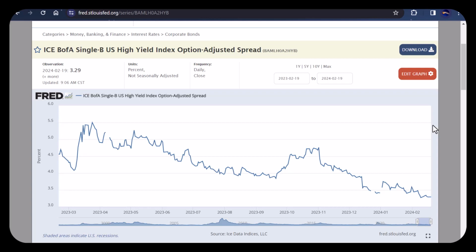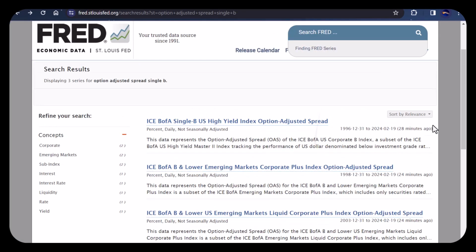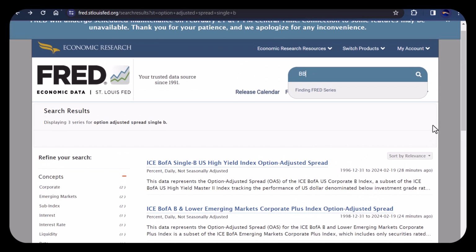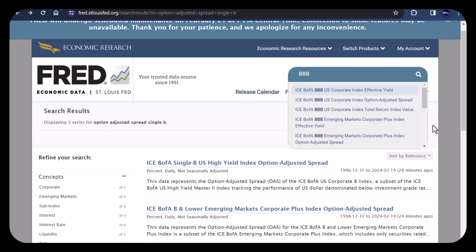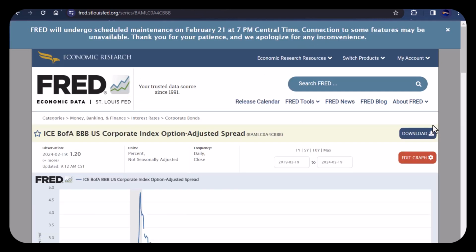Investment grade, the lowest investment grade, triple B, option adjusted spread. That's 120. It's a big difference. It's the corporate bond that is deemed to have investment grade compared to a single B company.